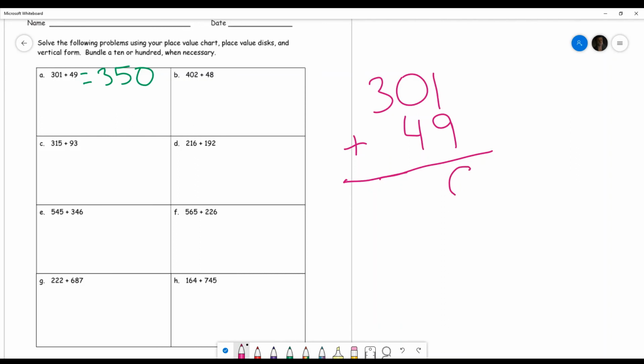We put a 0 here because we have 0 ones left over from our bundle of 10, and we're going to carry the 10 and put it over here. So there's our extra 10. So 1 plus 0 is 1, and 1 plus 4 is 5. And then we're going to add the hundreds. 3 plus 0 is 3, and there's your answer.